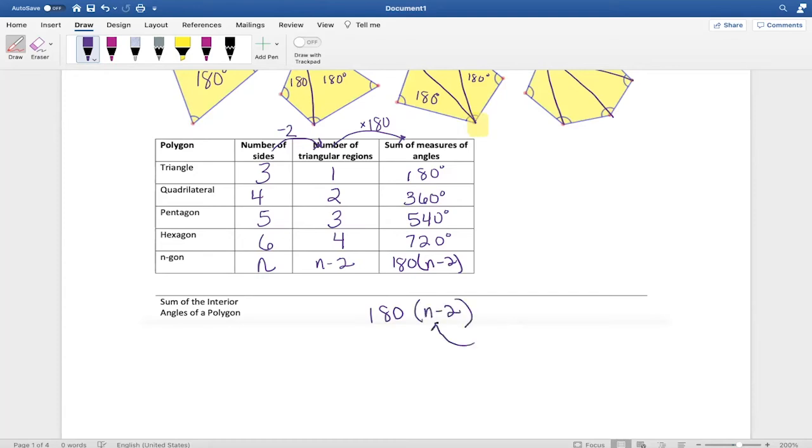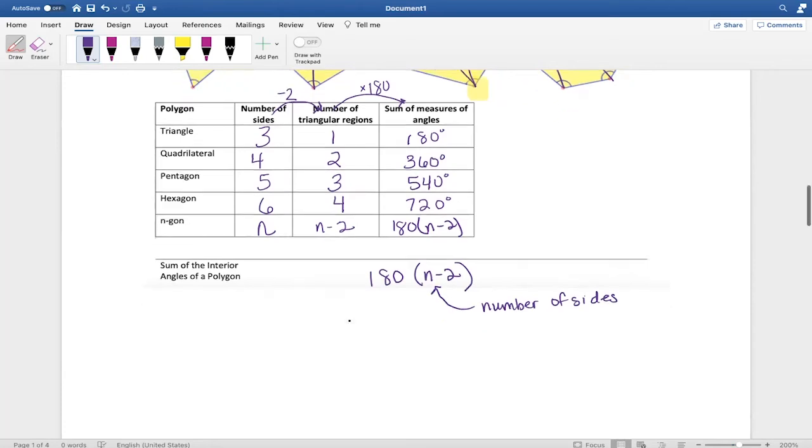And that n is your number of sides. All right, so even if we had a polygon with 10 sides, I could do 10 minus 2 and then multiply it by 180.